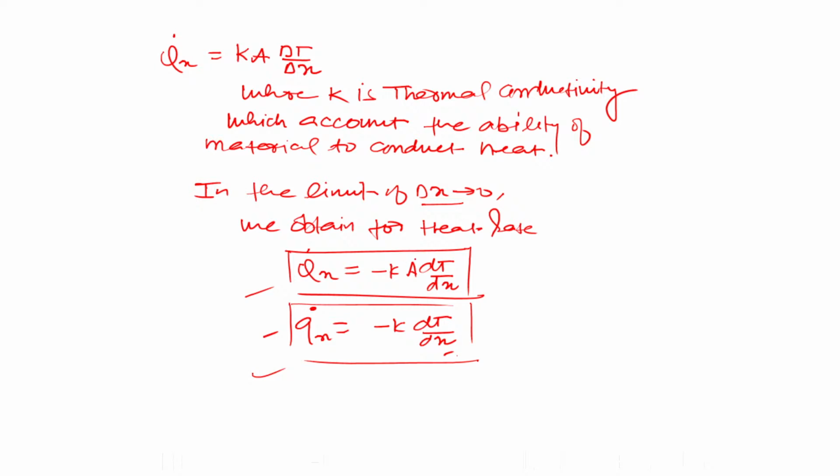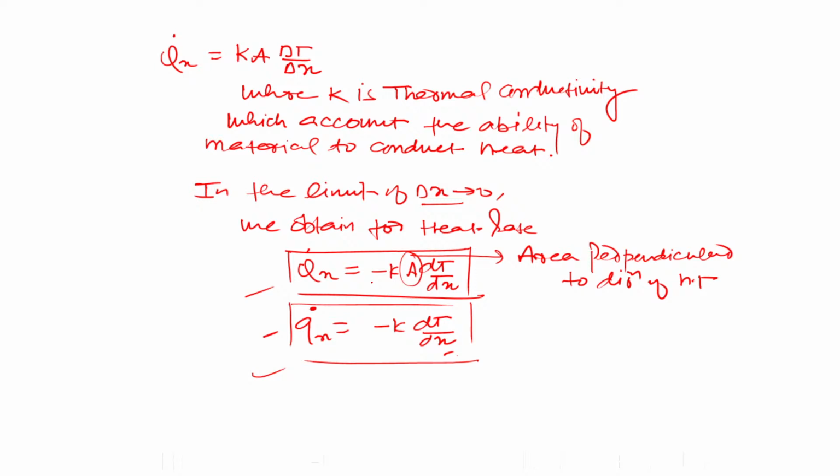And one thing you should always keep in mind, this area in Fourier's law is always normal to the direction of heat transfer. A is the area perpendicular to the direction of heat transfer. What is the meaning of this? Can you say the direction of heat transfer?